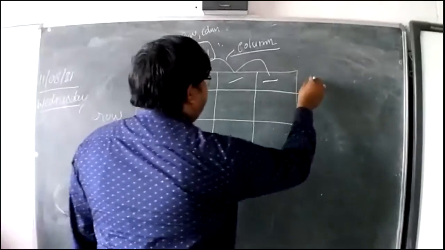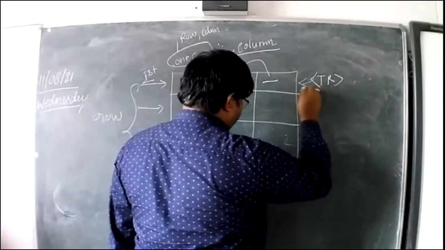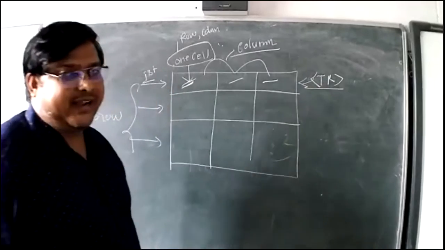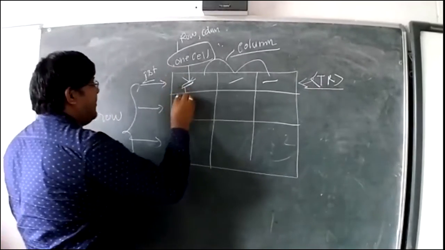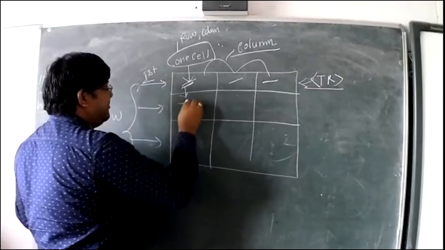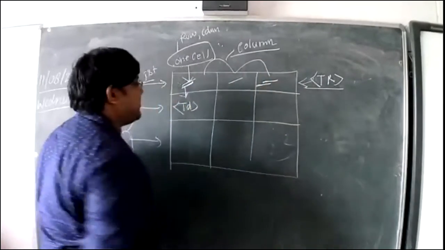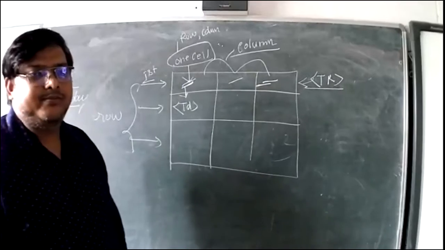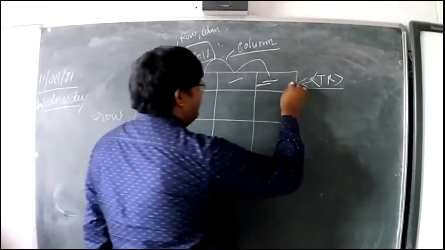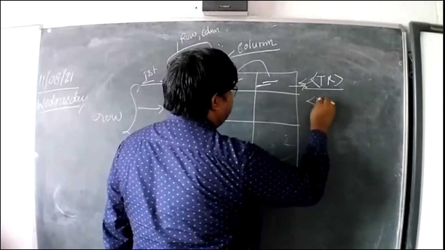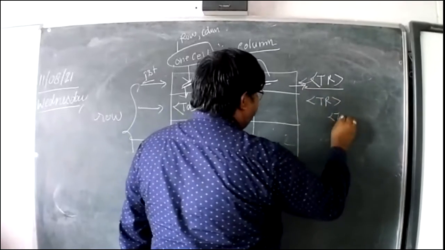To represent one row, which tag do we have? The TR tag. And to represent one cell, we have the TD tag. So this row will consist of how many TD tags? It will consist of 3 TD tags. So to represent this information, I will open 1 TR and 3 times TD.